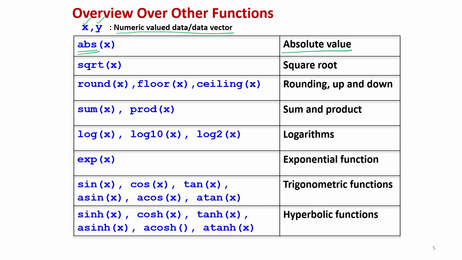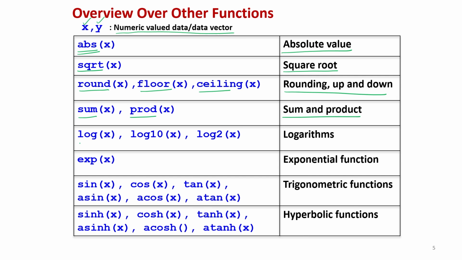After some time I will give you some examples so that you can understand how we are going to use it. Similarly, there is a function sqrt, which is used for finding the square root. There are functions round, floor, ceiling, which are used for rounding, up and down. And we have functions sum and prod, which are used to find the sum and product of the numbers given in the data vector x.